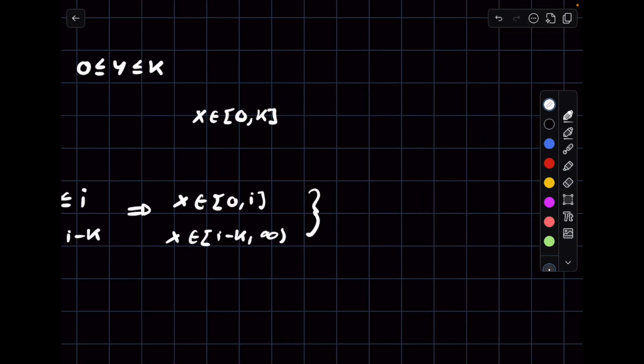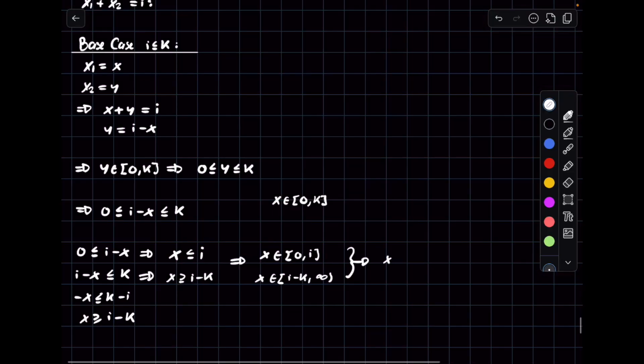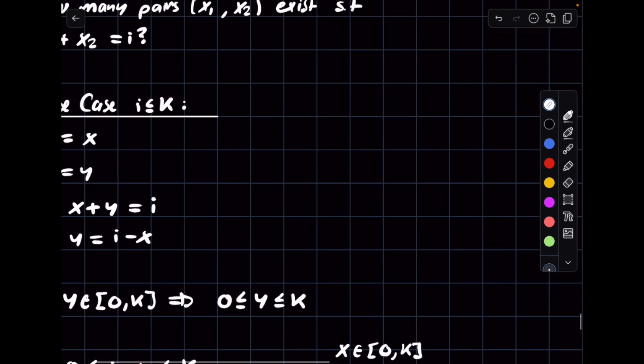We find the intersection, so to speak. So we start from x, I minus k. And in this case, we know that I is lower than k. So I minus k will be a negative number, right?